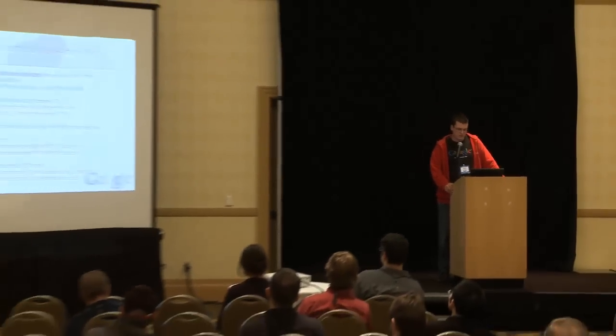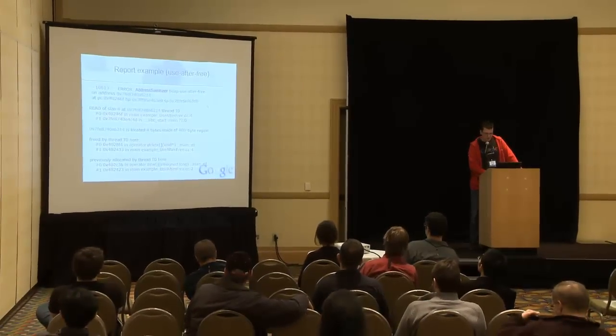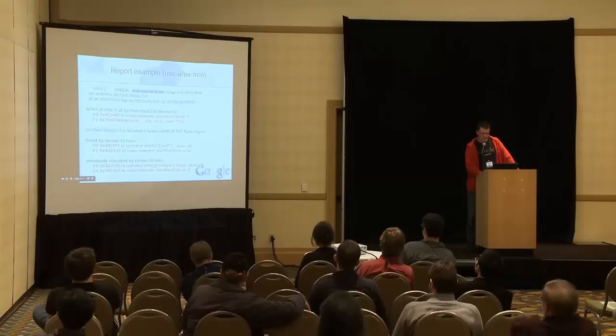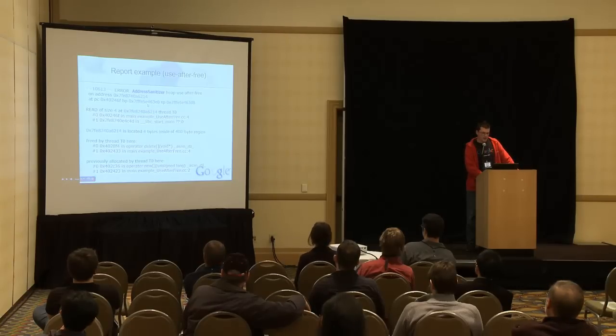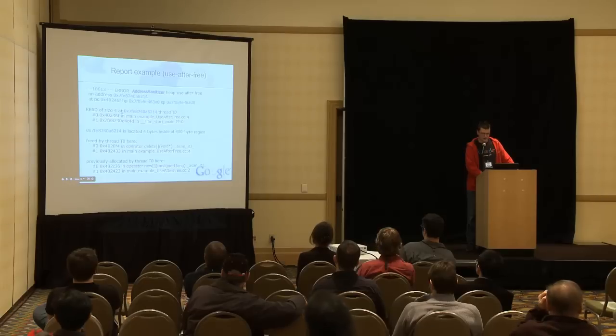And this is what the warning message looks like for the case of use after free. It tells you the kind of the bug in the first line. It tells you the address, PC, stack pointer, whatever. It gives you whether it is a read or write, which size, which thread, and the stack trace.